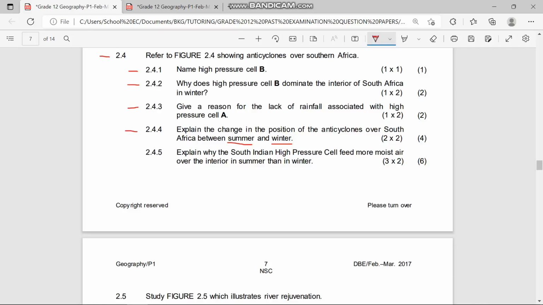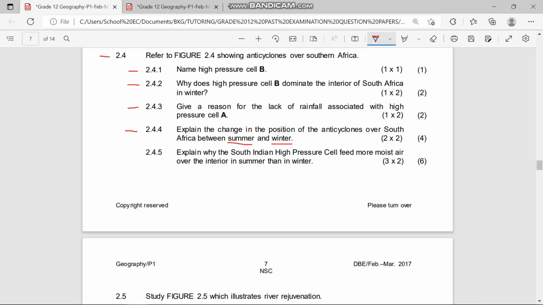If they move downwards, meaning that the equator will also move downwards, to be closer to South Africa, and the sun will be overhead, closer to South Africa. That's why we are experiencing very hot conditions in summer.